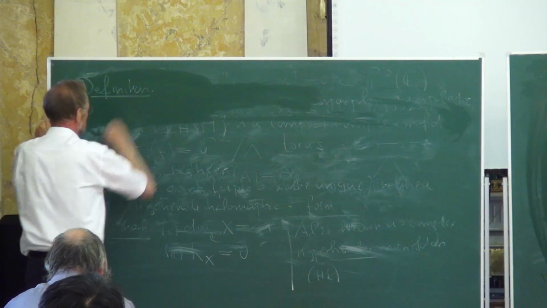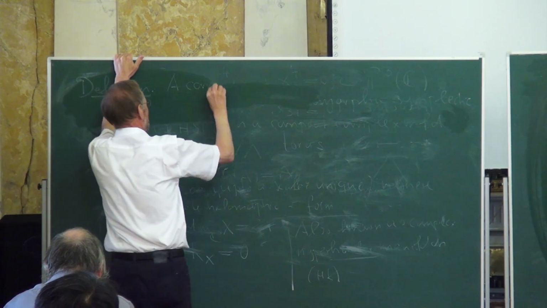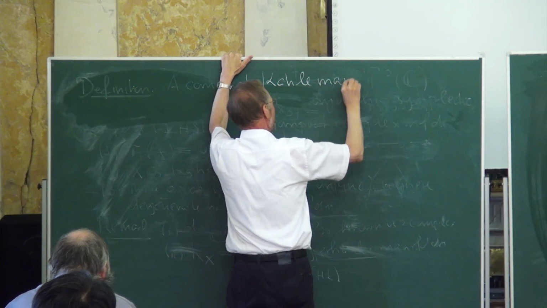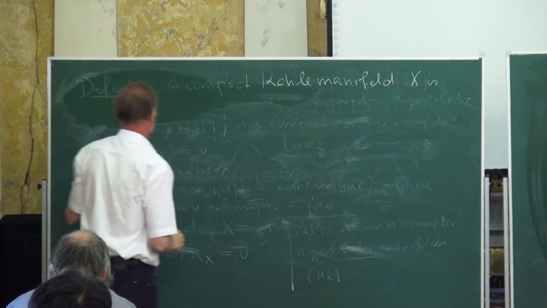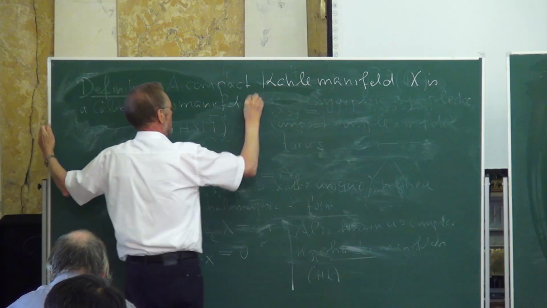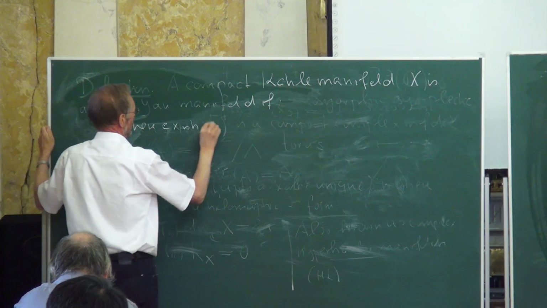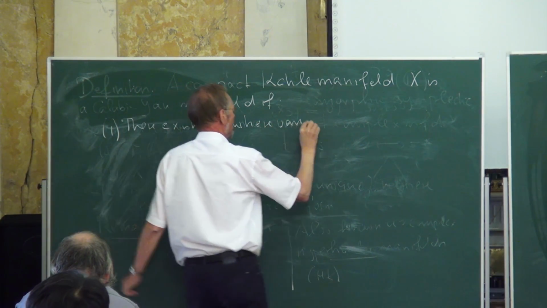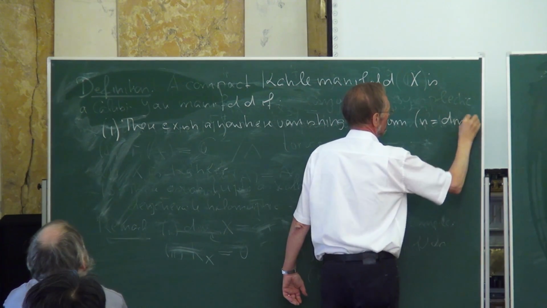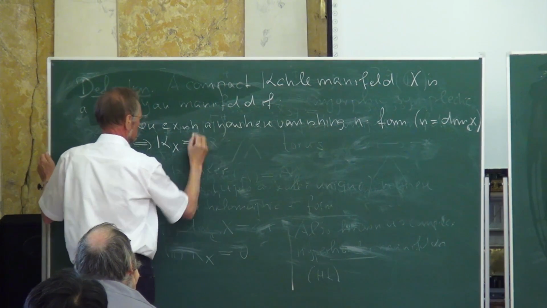These are the Calabi-Yau. I want to mention Calabi-Yau varieties here. A compact Kähler manifold X is a Calabi-Yau, or some people would say a Calabi-Yau in the strict sense, if, first of all, there exists a nowhere vanishing holomorphic n-form, where n is the complex dimension of X. Again, this implies that the canonical bundle is trivial.